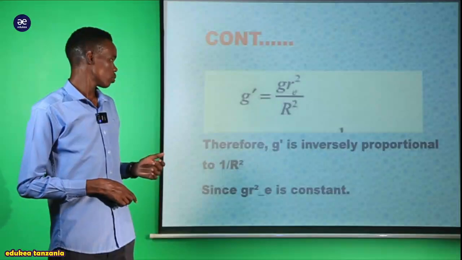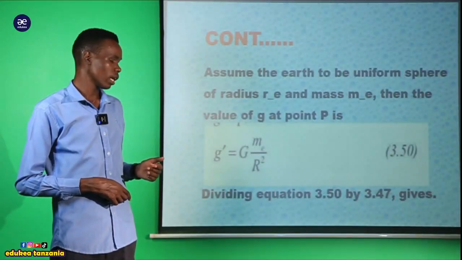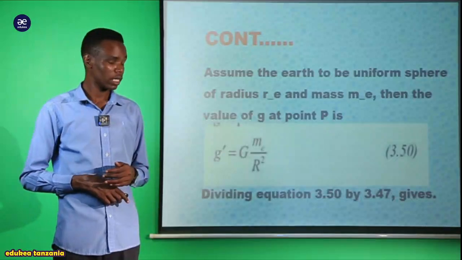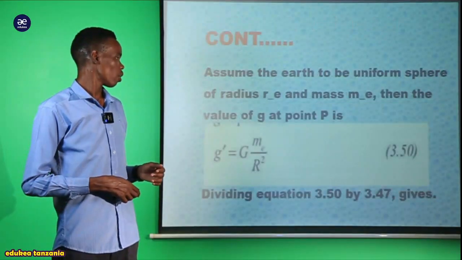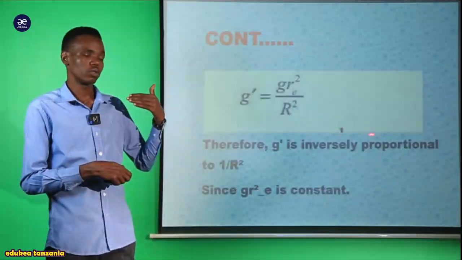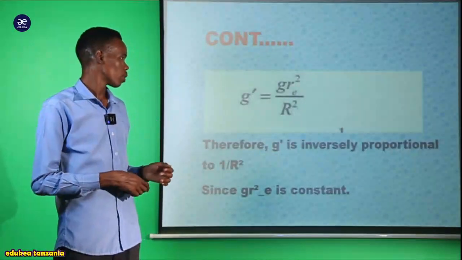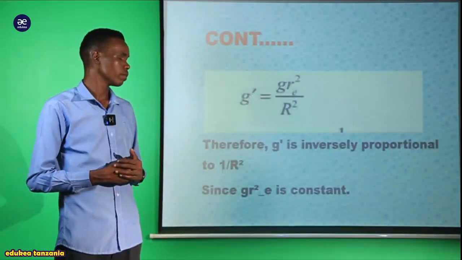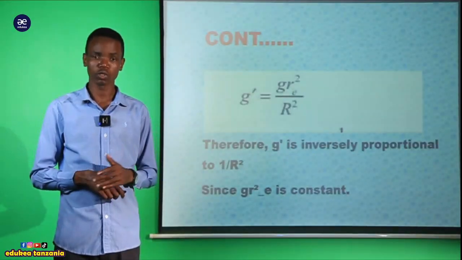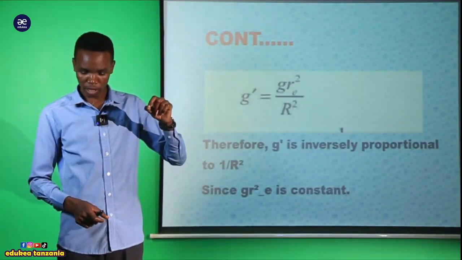So here, my dear student, if we make a comparison with our equation number 3.47, we should obtain that g dash should be equal to GR_E square divided by r square, where r is above a certain point.